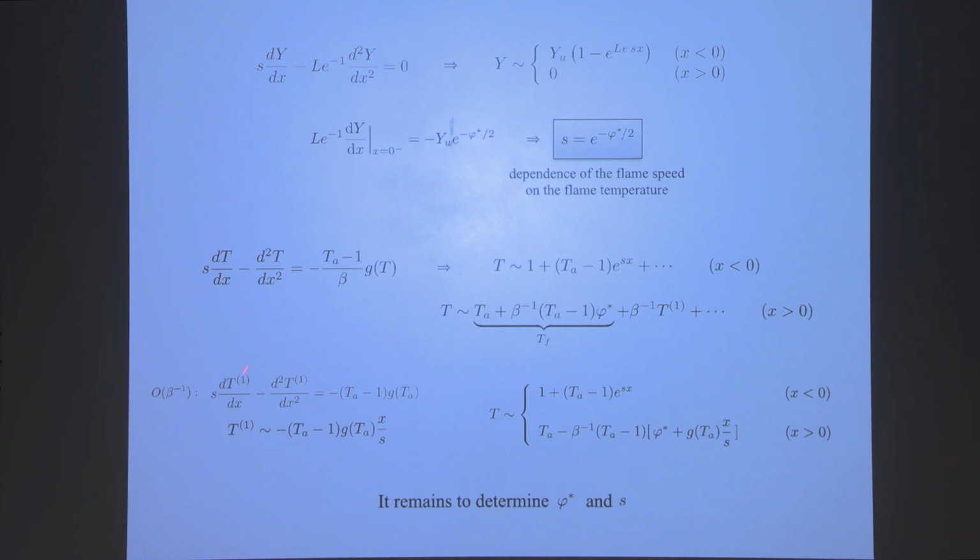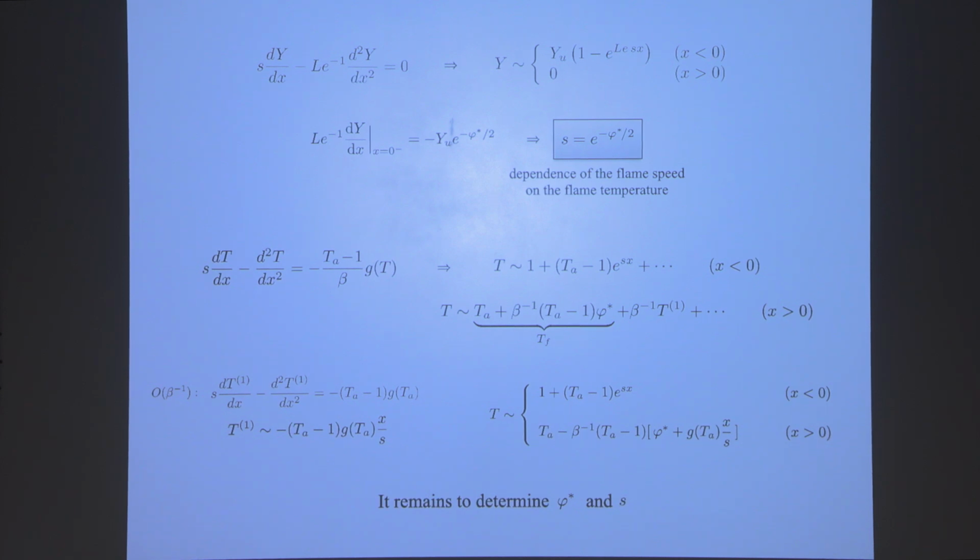When we substitute for T1, of course, now we get the heat loss term appearing on the right-hand side. But since the leading order is TA, it's relatively easy to compute. This is just the value of the function g evaluated at TA. And when you integrate this equation, the exponential solution is not acceptable because it blows up at infinity.